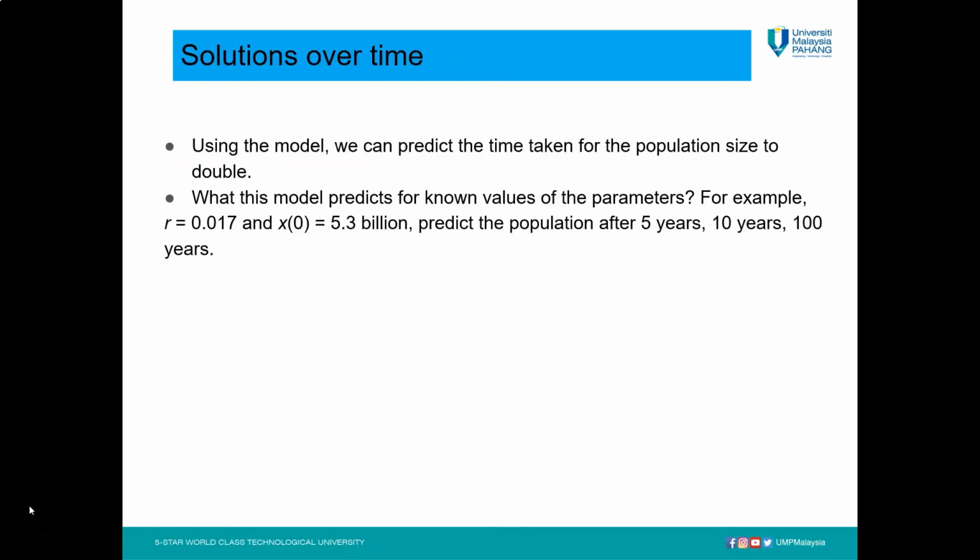To understand the behavior of the population over time, you can perform the simulation through the programming code in MATLAB. In MATLAB, you can change the command line for initial value, the growth rate, and time, and so on. For example, if r equals 0.017 and initial value x0 is 5.3 billion, we can predict the population after 5 years, 10 years, 100 years, etc.